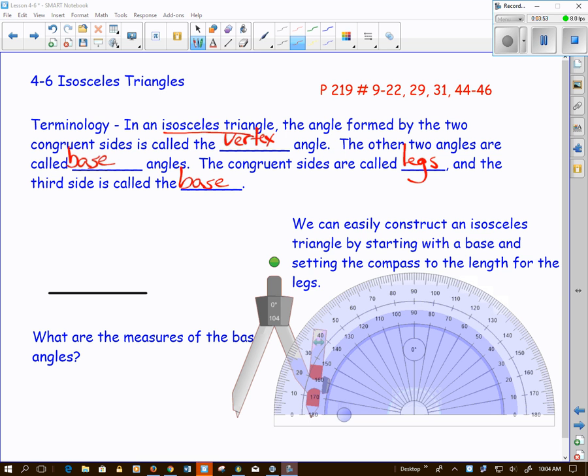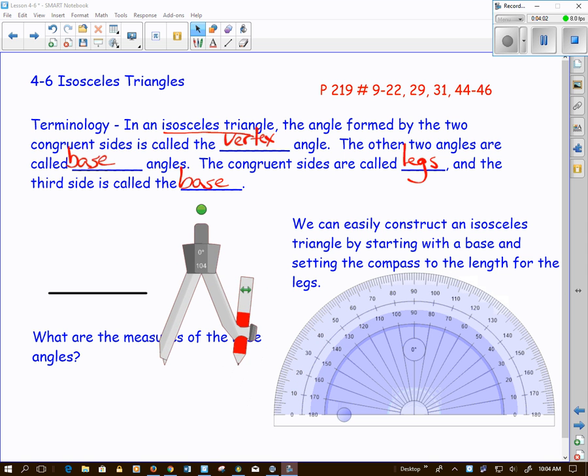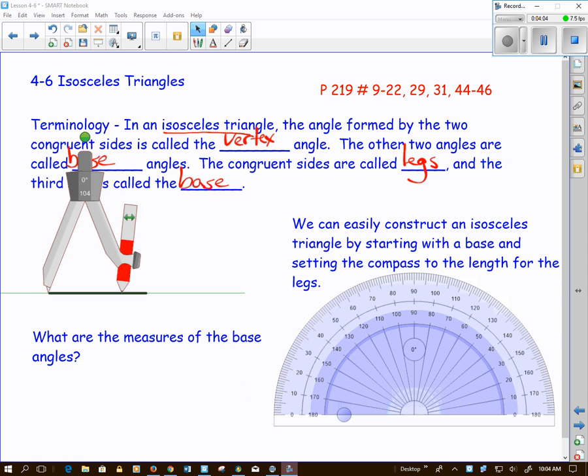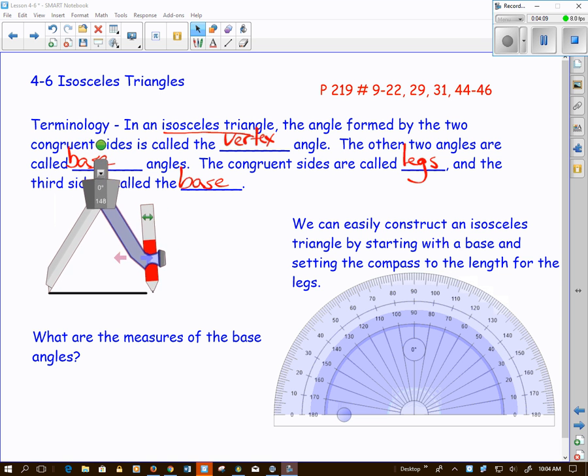Okay, so we can construct an isosceles triangle very easily by just taking a compass, starting with a line segment, and opening your compass up to something more than half the length of that segment. It doesn't matter exactly what it is.